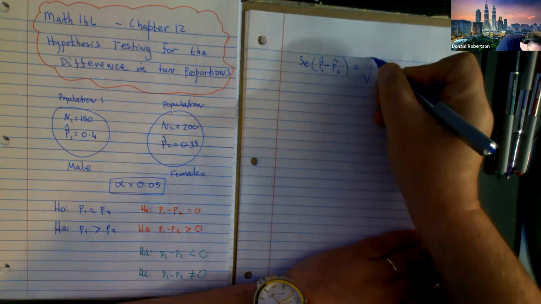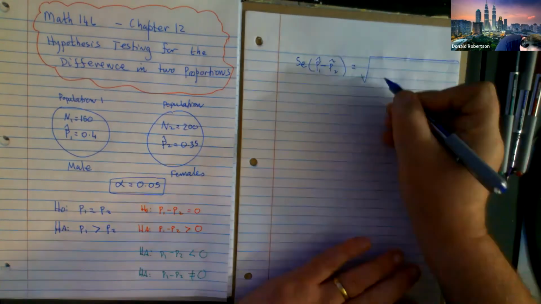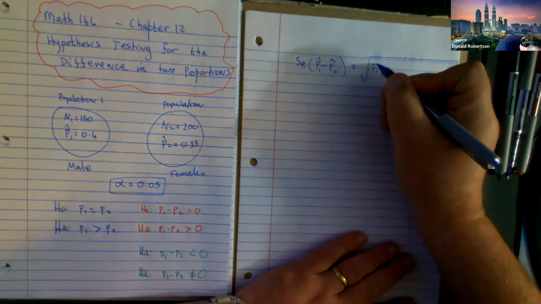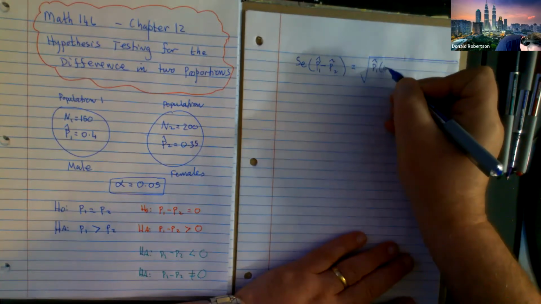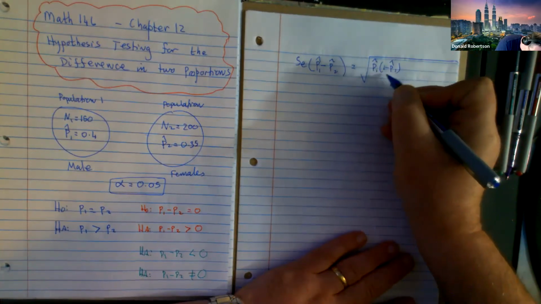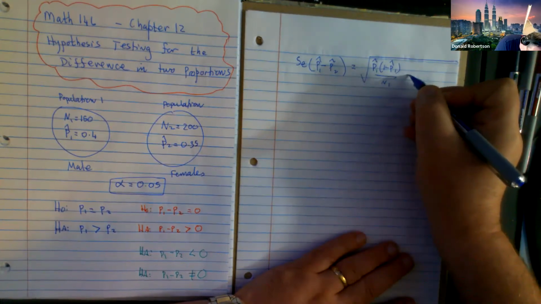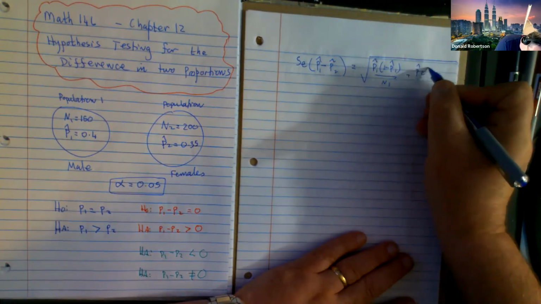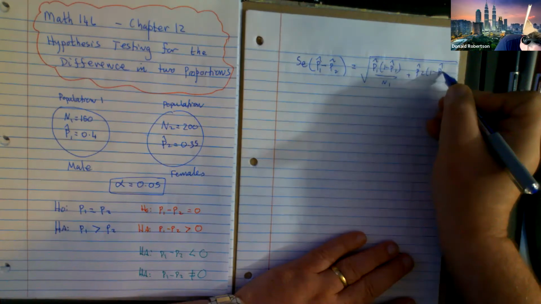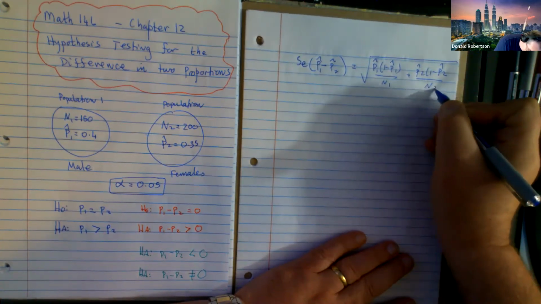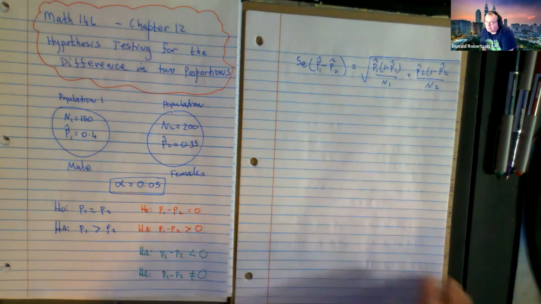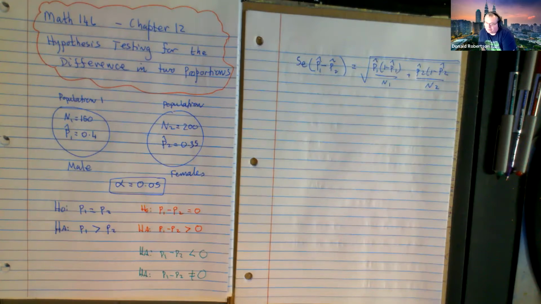And it has a formula. The standard error formula is the square root of P1 hat, 1 take away P1 hat over N1, plus P2 hat, 1 take away P2 hat over N2. Have you seen that formula before? Isn't that the formula that you use to find the confidence interval? Right, it's the same guy.